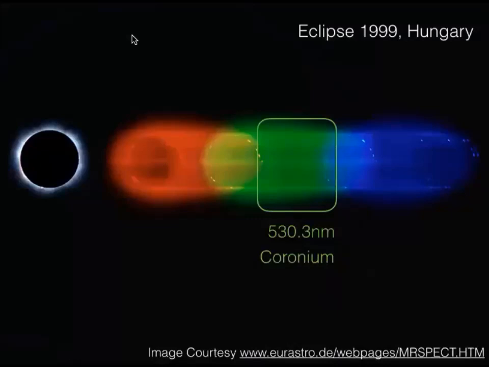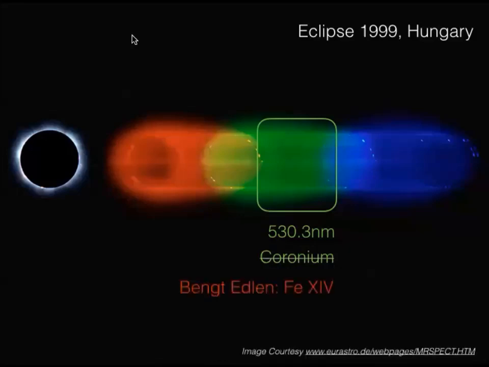I don't know all of them, but it's known atoms, carbon, calcium, and others. And there was this green sun there in the middle that nobody knew about. It could not be related to anything we knew about atomic physics, beginning of 20th century, until this bright person, Bengt Edlén, identified it as iron that was ionized 14 times.